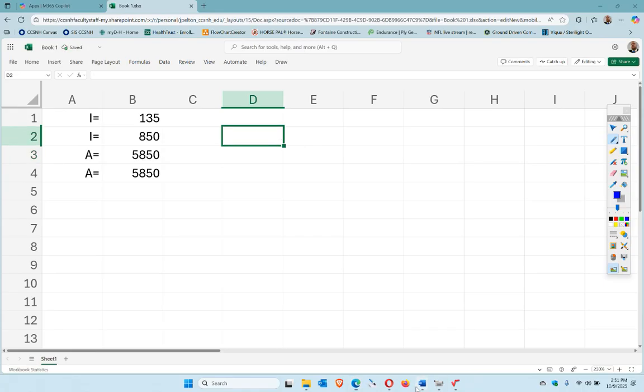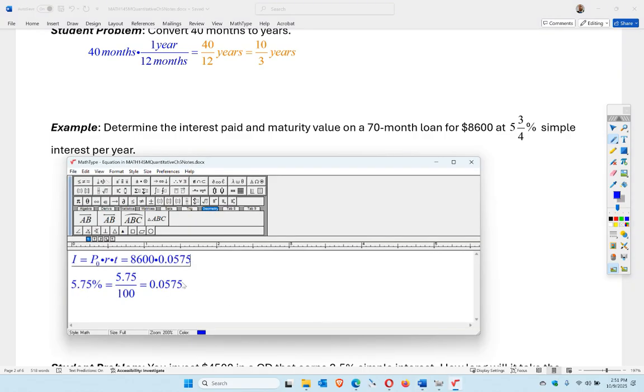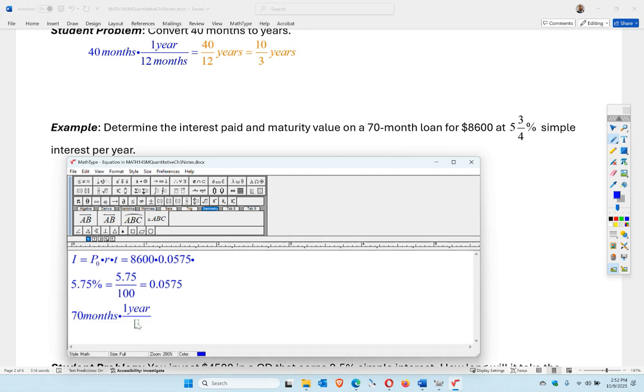Okay. All right. So the next thing we need is the time, right? So we got P times R times T, but T is in years, correct? So we have 70 months times, and we do a ratio. 1 year is to 12 months.